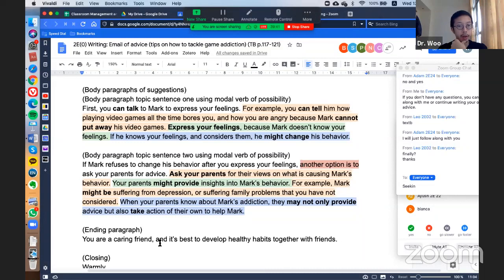You're a caring friend, and it's best to develop healthy habits together with friends.